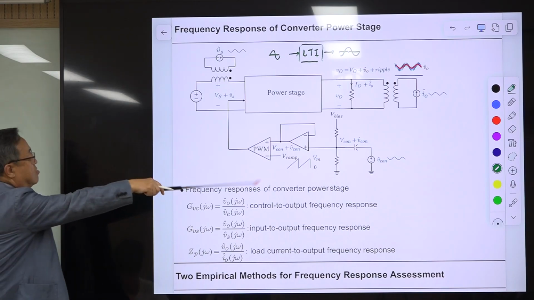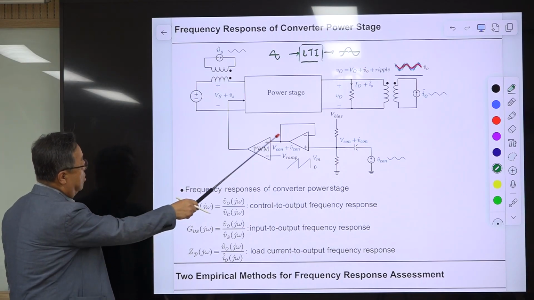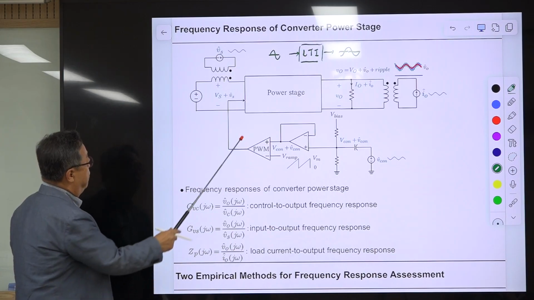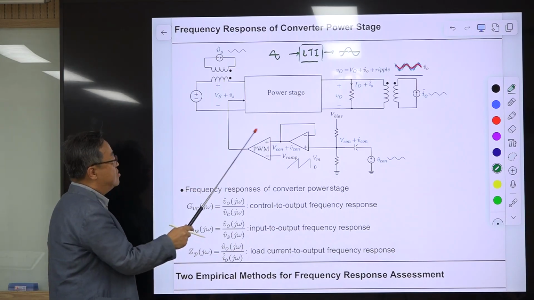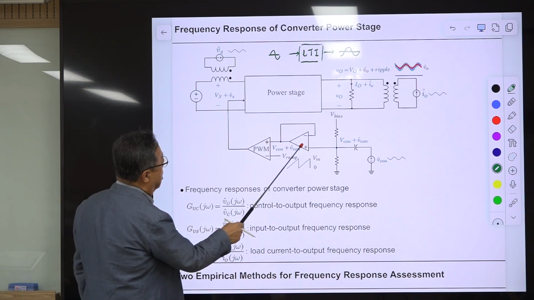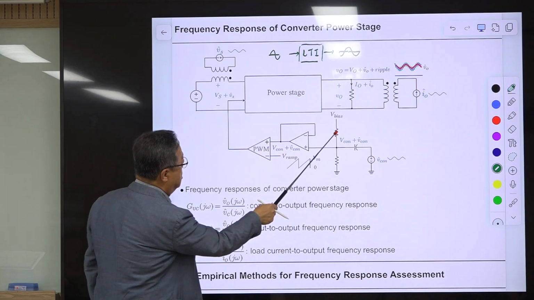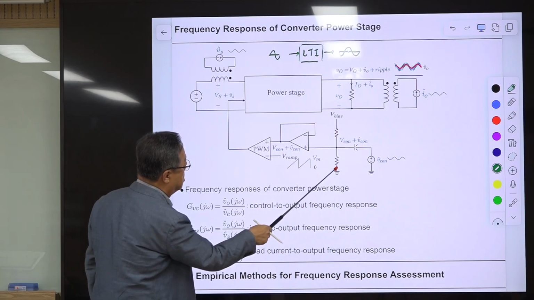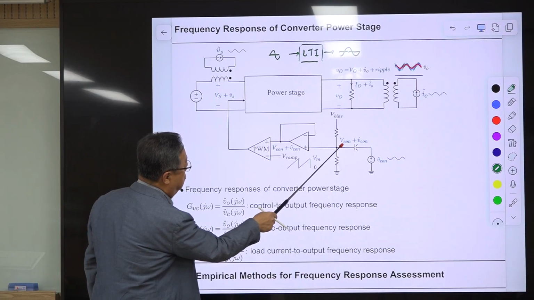So this is the open operation PWM converter, and this is the power stage, whatever power stage will be here, and this is the PWM modulator, and this is the unity gain buffer, and this is the DC voltage, which is divided by 2 resistors, and there is some DC value here, defined as V cone.